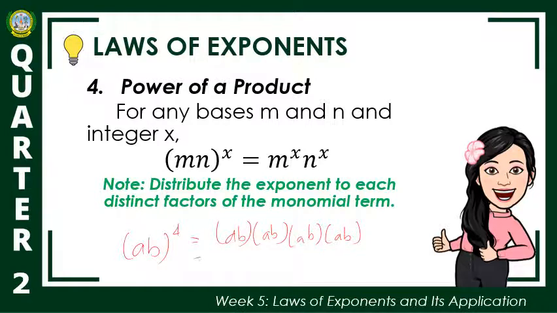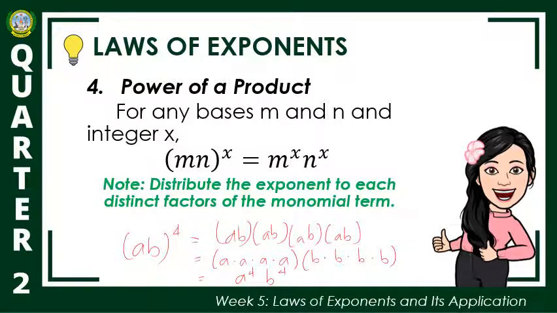And regrouping the factors does not affect the product. So, pag niregroup natin yung magkakaparehas na variables, we will get A times A times A times A times B times B times B times B. Writing this in exponential form, we have A raised to 4 times B raised to 4.